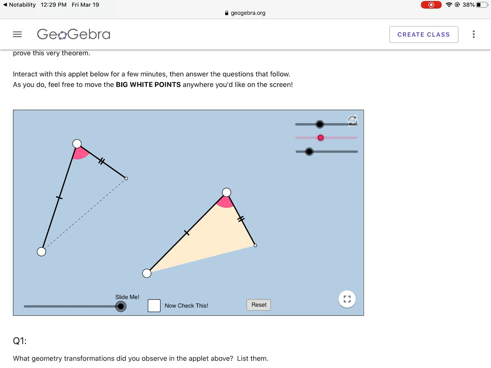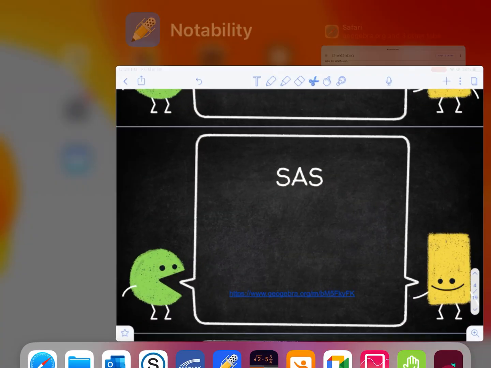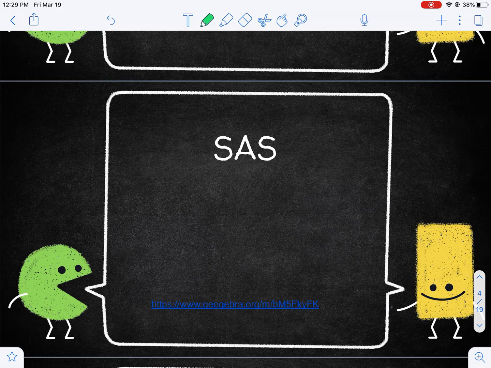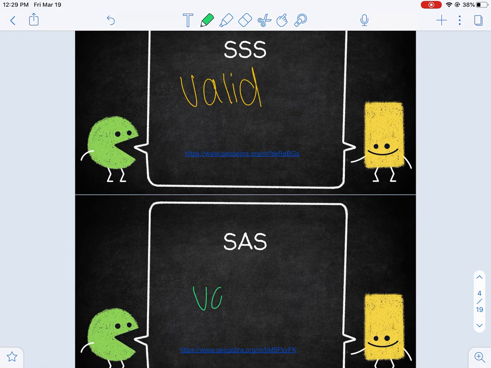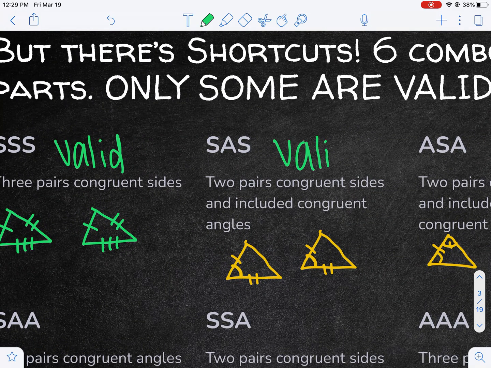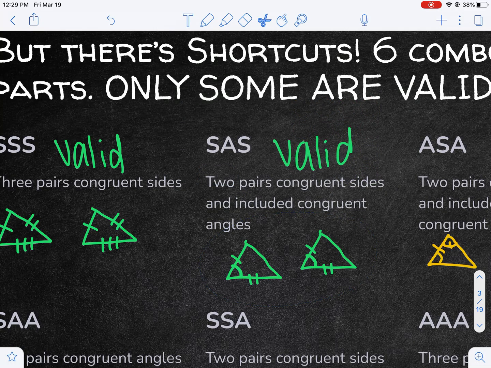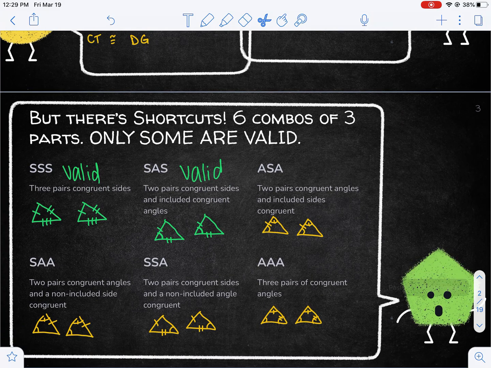Okay, so the 2 sides are making sure they're proportional, and that angle is making sure that that 3rd side stays proportional as well. So side angle side is also one that works. So again, this one is valid, and I'm going to make a note of that up here as well, so I can go back here and check which ones are valid and which ones are not once I'm doing my assignment. Wonderful.